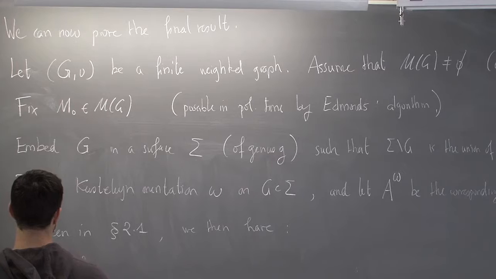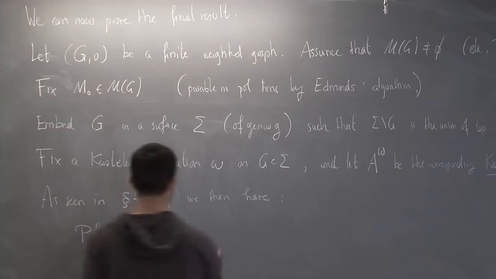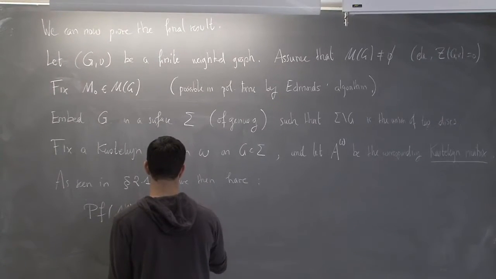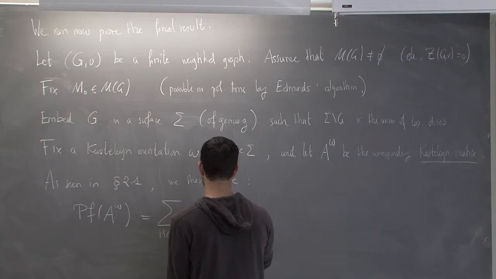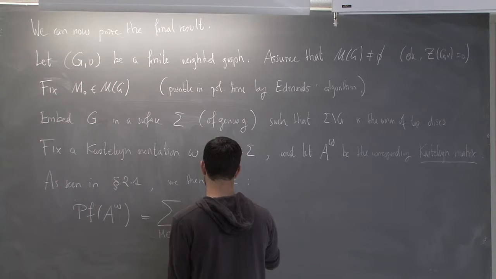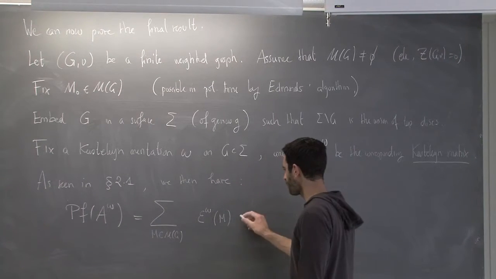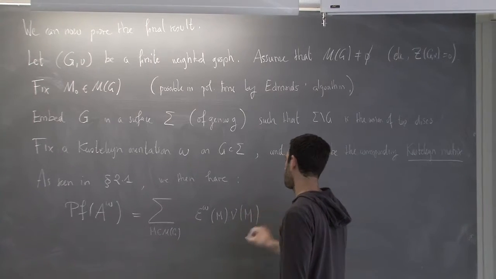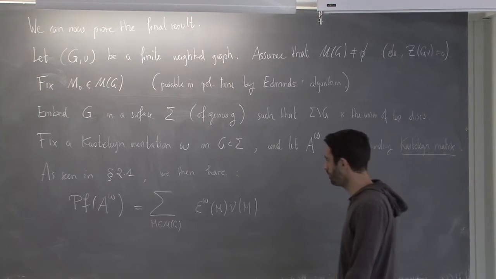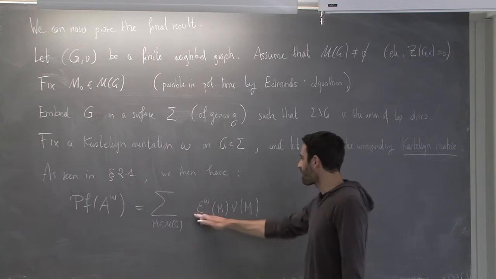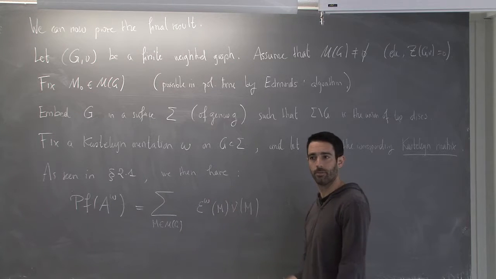As seen in the very first paragraph of this part, we then have that the Pfaffian of A omega is equal to a sum over all perfect matchings on the graph of some sign epsilon. And this was some sign, and the whole issue was this sign, right? Because if all these signs coincide, then we're done, we have the partition function.